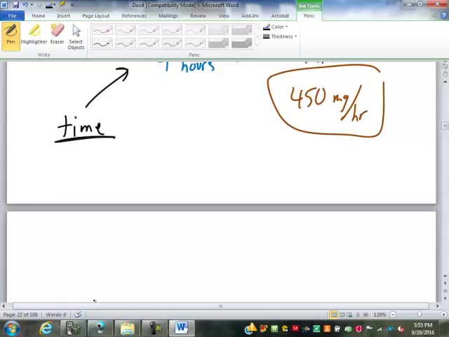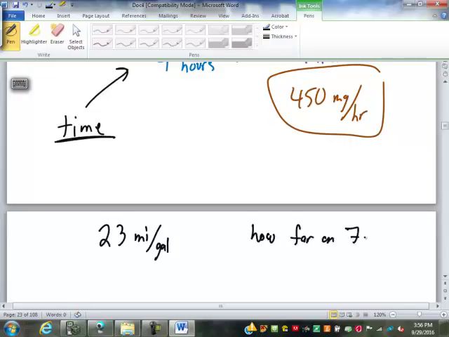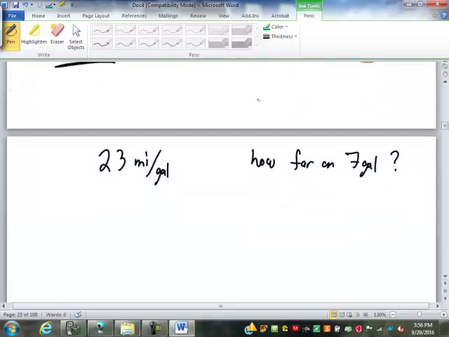And here's the key, is the units get used in calculations. For example, if I want to know how many miles I can go on 7 gallons of gas, if I am getting 23 miles per gallon, I want to know, okay, how far can I go on 7 gallons of gas? Well, this is basically a conversion.